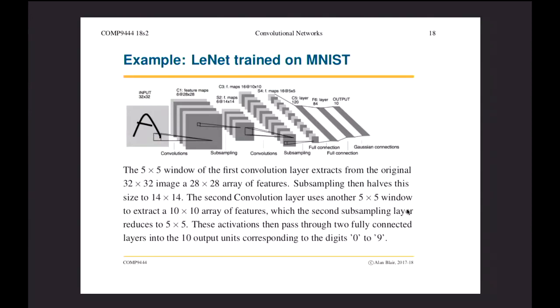Well, they've just chosen that number, 120, for some reason, but the 1,000 nodes in the previous layer, every one of them is connected to all of these 120 nodes in that layer. So there's like 120,000 weights, parameters just from C4 to C5.